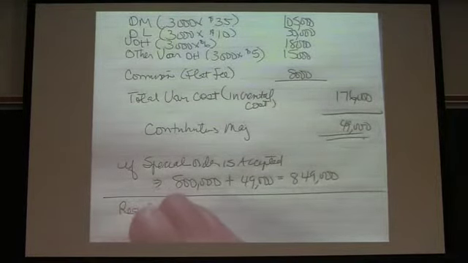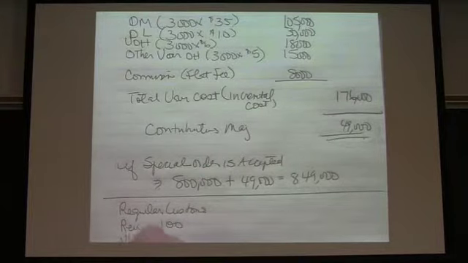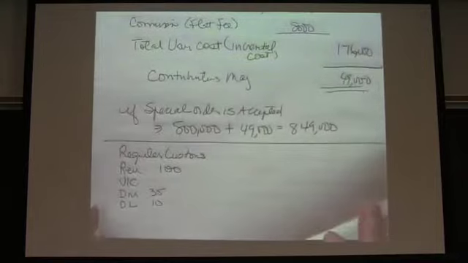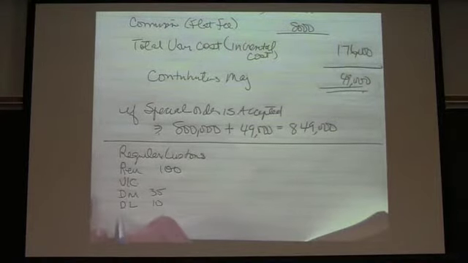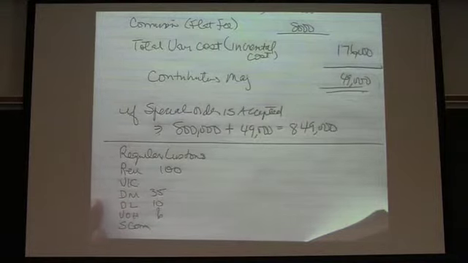So the regular customers would have actually cost us: revenue is $100. Variable cost: direct material is 35, direct labor is 10, variable overhead is 6, and sales commission is 15% of revenue, so 15% of 100 is $15.